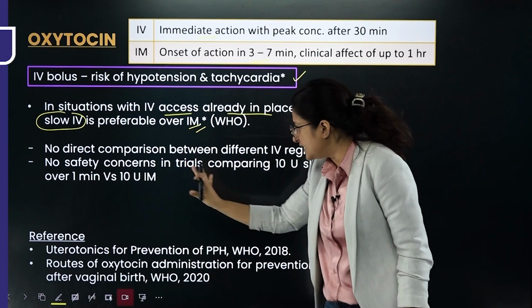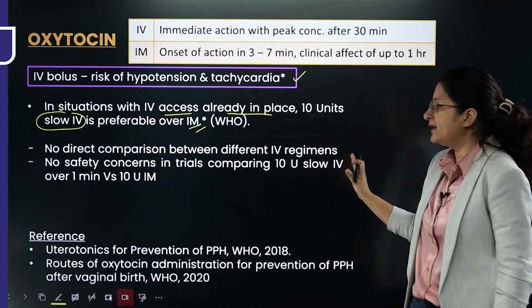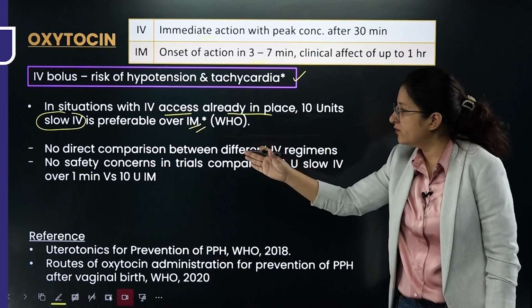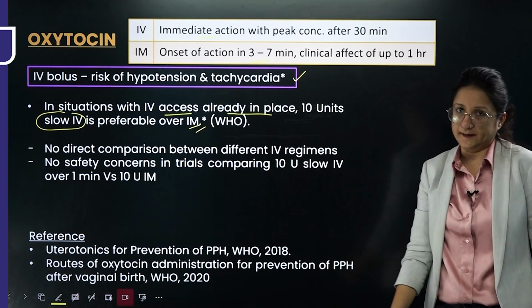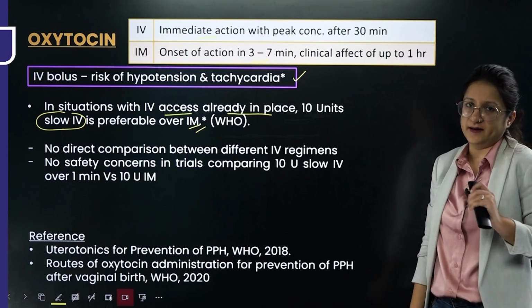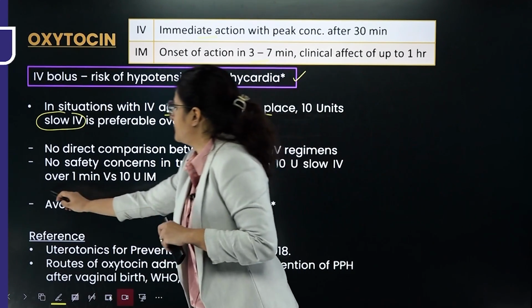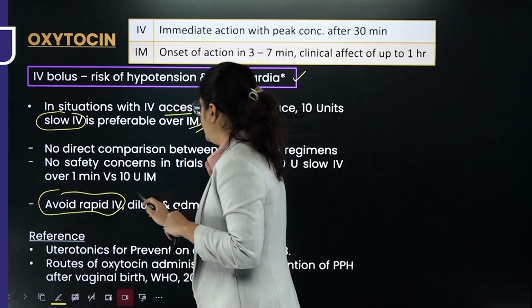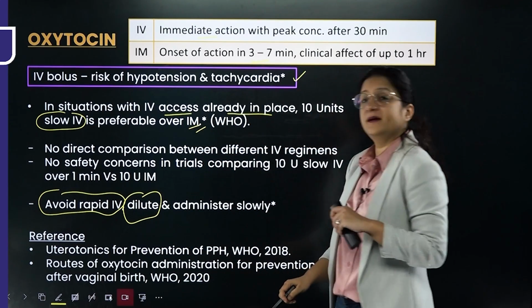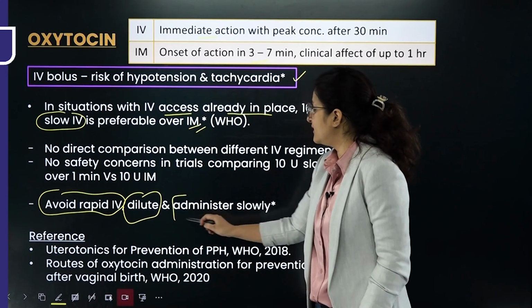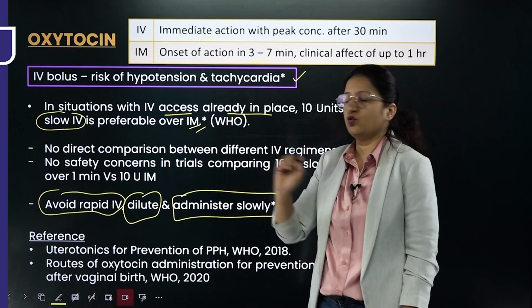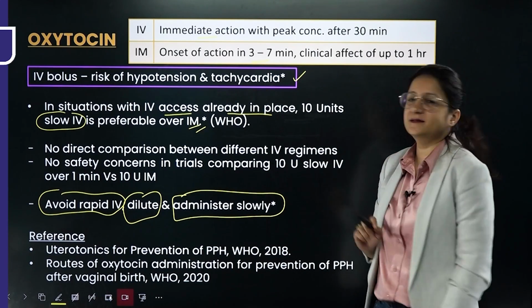So no safety concerns in trials comparing 10 units slow IV over 1 minute versus 10 units IM. So that is one thing that they have said. They do mention to avoid rapid IV, dilute and give if you're giving IV, and administer very, very slowly. That's all they are saying.